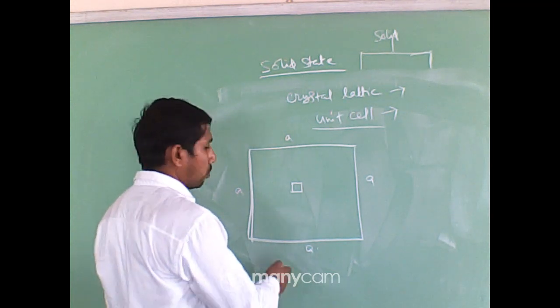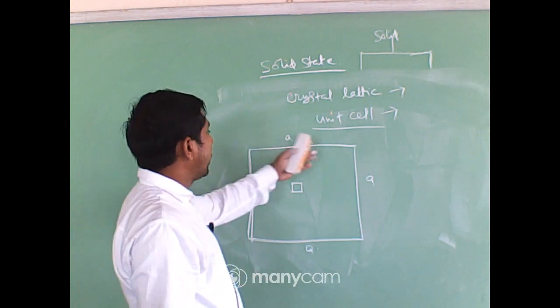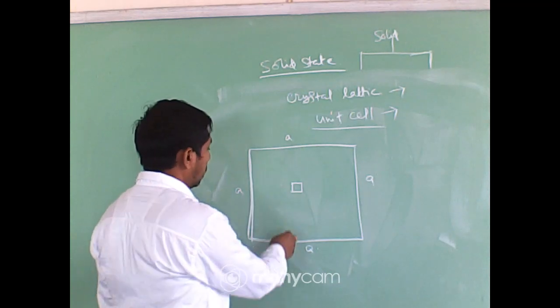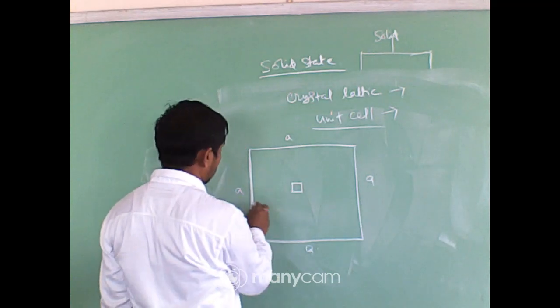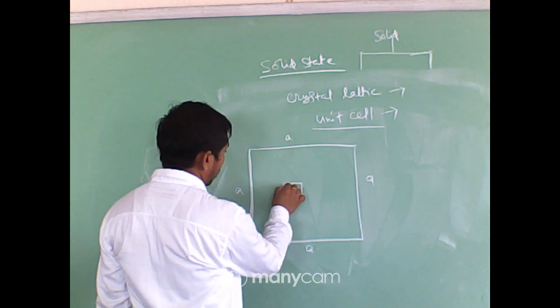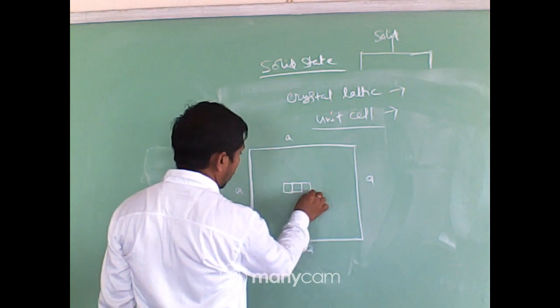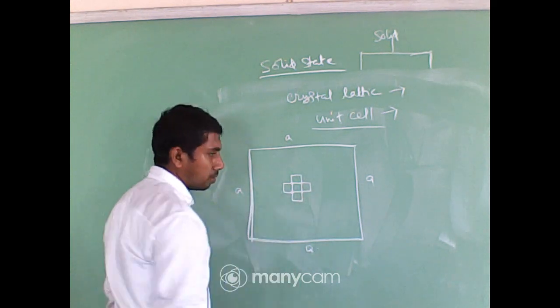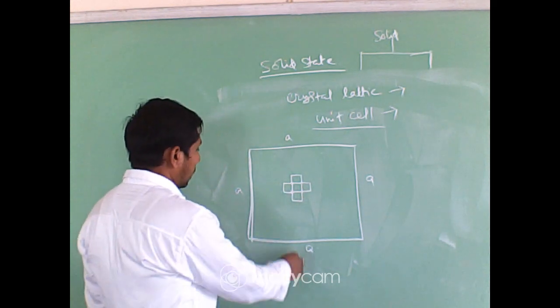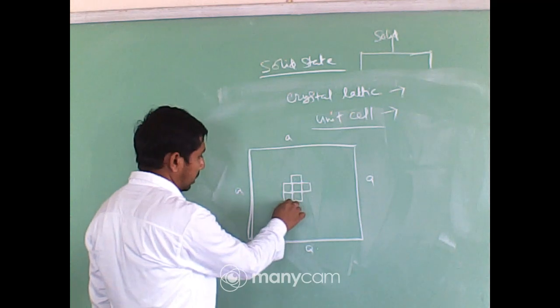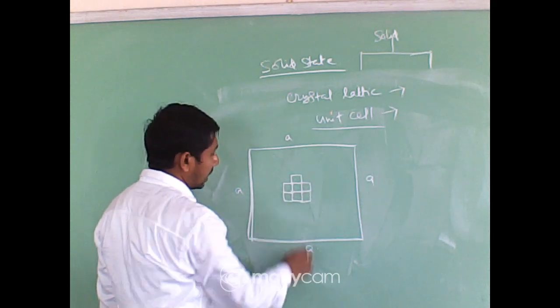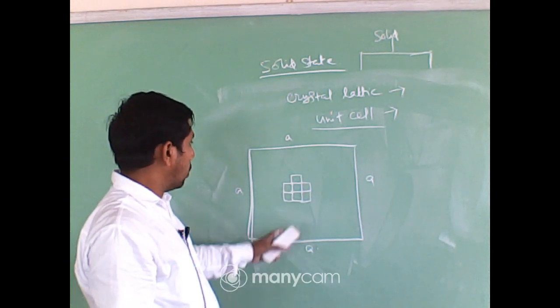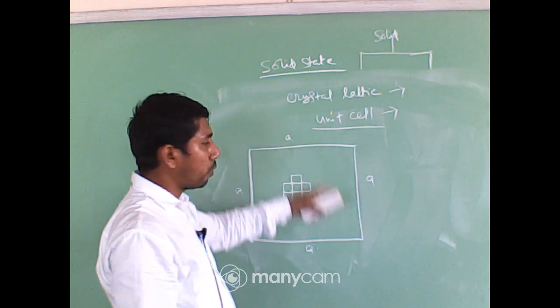Now if we extend it into 2 dimensions, I am extending to the left and right, above and below. In the same way, if we extend all the cells, then we will get the square.